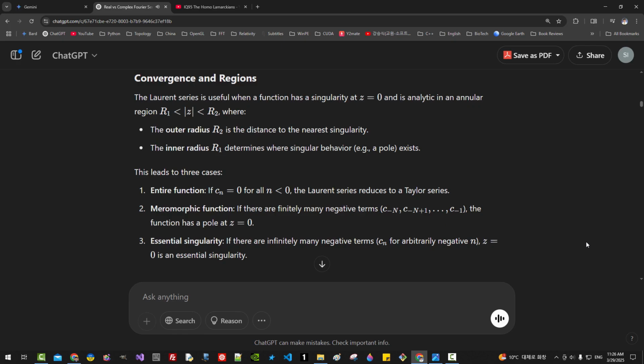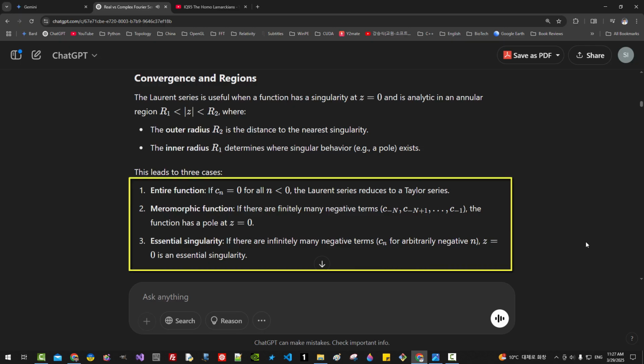Convergence in regions. The Laurent series is useful when a function has a singularity at z = 0 and is analytic in an annular region R1 < |z| < R2, where the outer radius R2 is the distance to the nearest singularity. The inner radius R1 determines where singular behavior, e.g. a pole, exists. This leads to 3 cases. 1. Entire function.